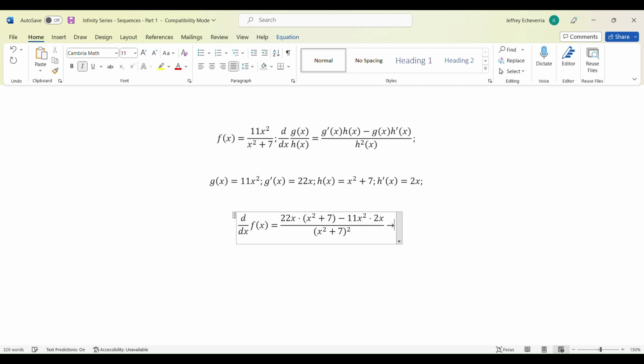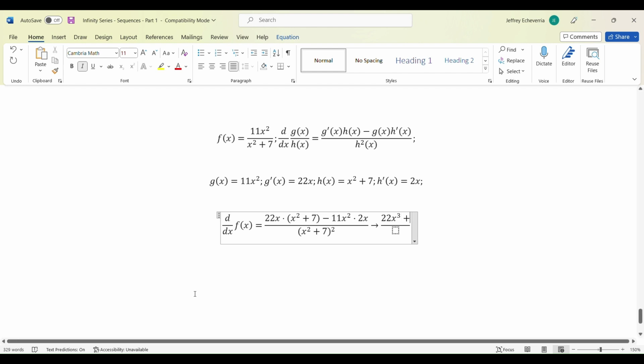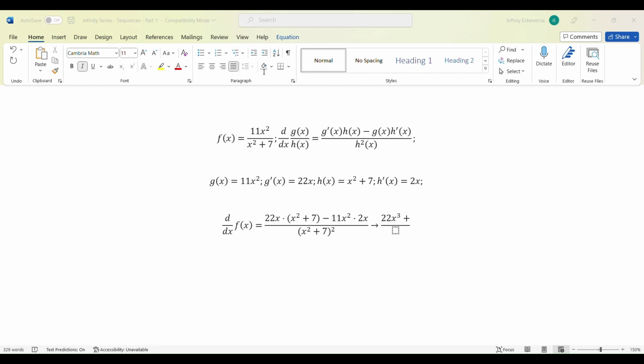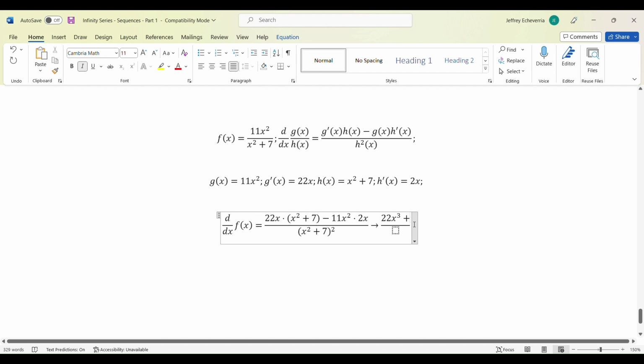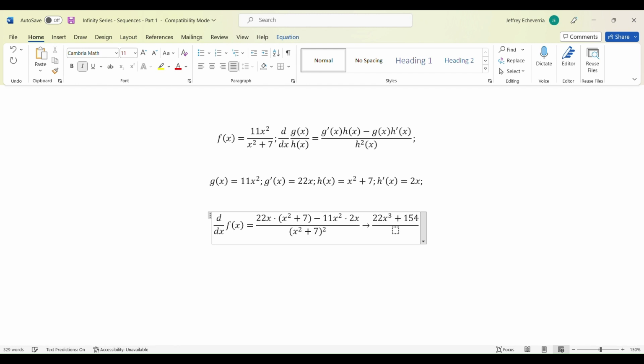Finally, we will simplify and set the numerator and the denominator equal to 0. So it'll be 22x cubed plus 22 times 7, which is 154, times x, minus 22x cubed, and then we have x squared plus 7 squared.